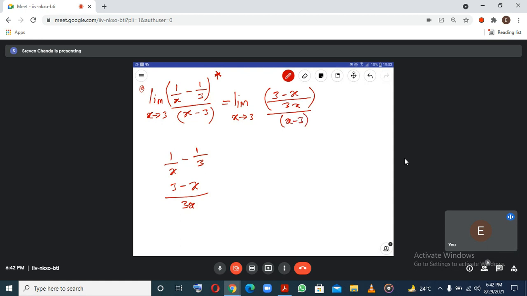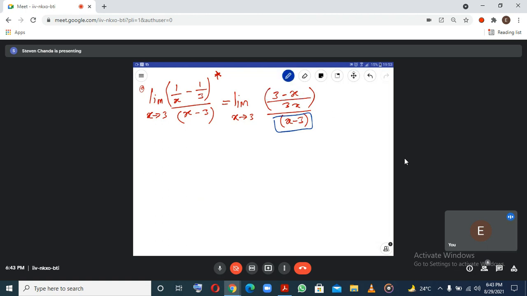Then, once you reach this point, you want to get rid of this denominator. One thing you may have realized is that the numerator here and the denominator here are quite similar, in the sense that to convert the one that is on top, it's the same as multiplying the denominator by negative 1, isn't it?